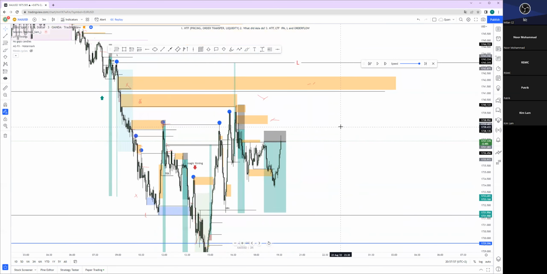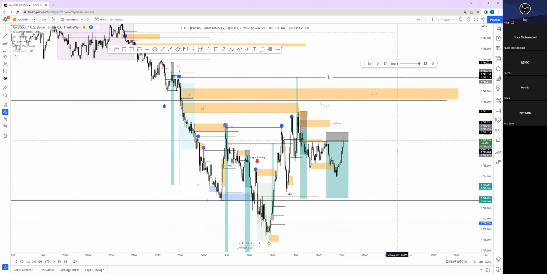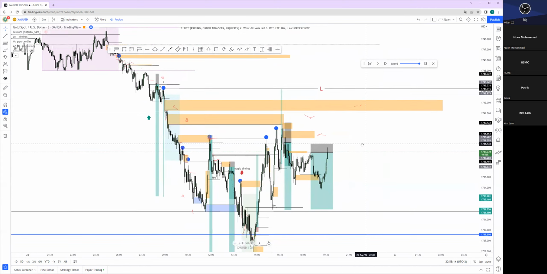So you see, it's not really hard to look for reversal points in the market. It's the easiest thing to do for me, at least. Just looking for inefficient price action, just looking for build-ups, and you're good to go.